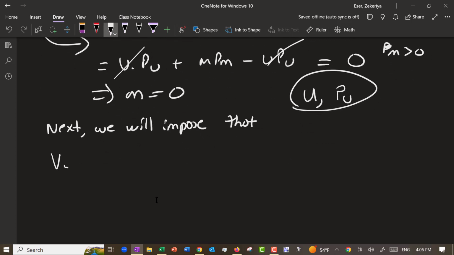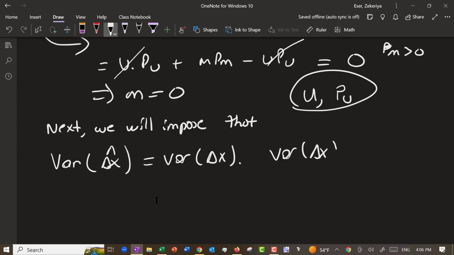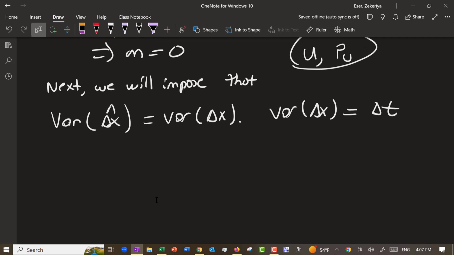We will impose that variance of delta x hat is equal to variance of delta x. Now, variance of delta x is precisely equal to delta t. Remember, variance is the square of standard deviation. So variance of delta x hat is PU times U squared. Remember, the mean is 0, so I don't have to worry about that.